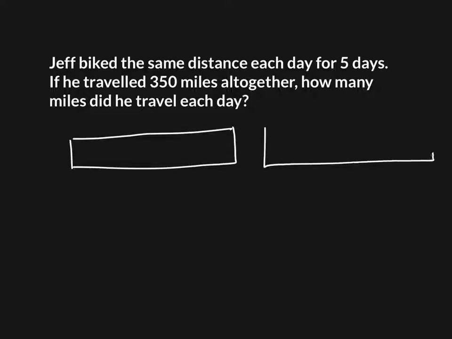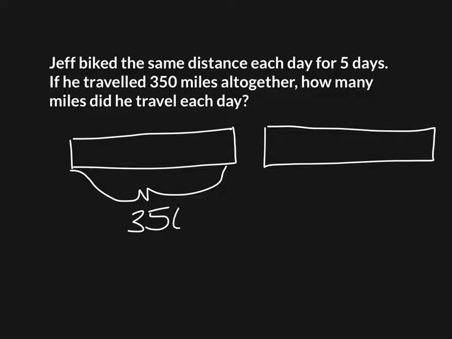I'm going to draw 2 different versions, and you will tell me which one correctly models the problem. This one says that we have 350. Here I'm going to draw another tape diagram.